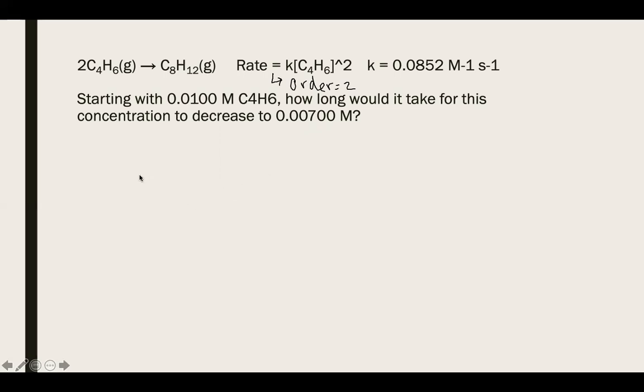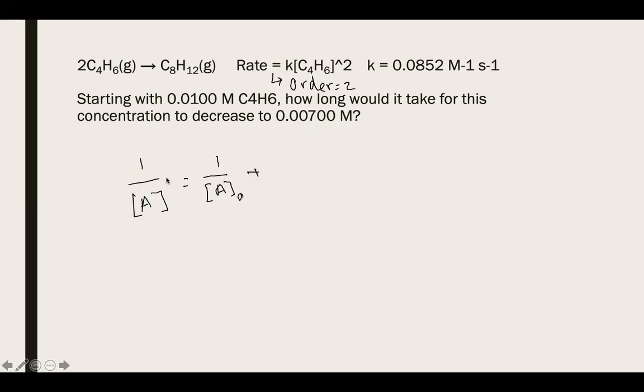So one of the integrated rate laws for a second order reaction is 1/A equals 1/A initial plus kt. This A is at a certain time, and this A initial is at the starting time.